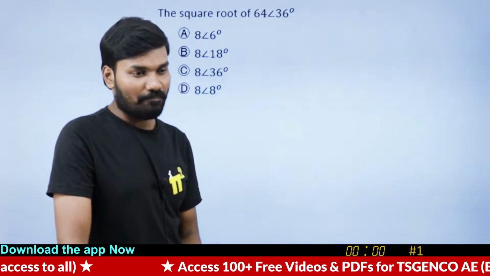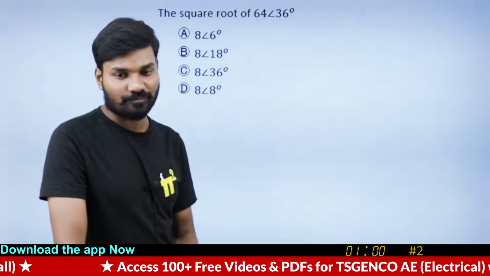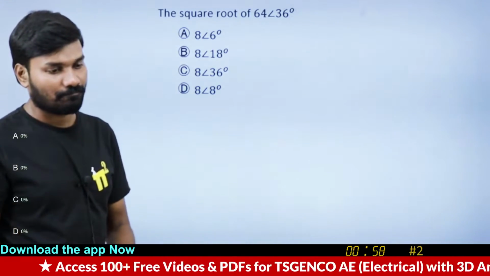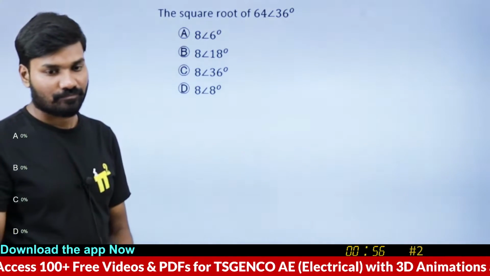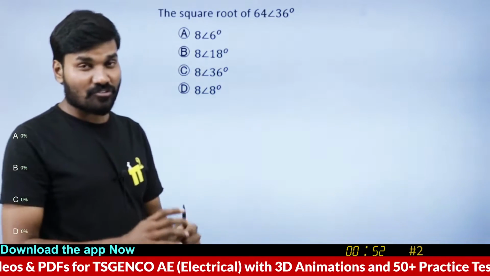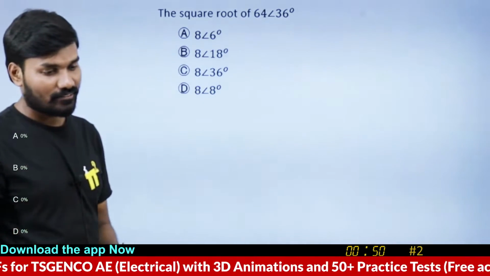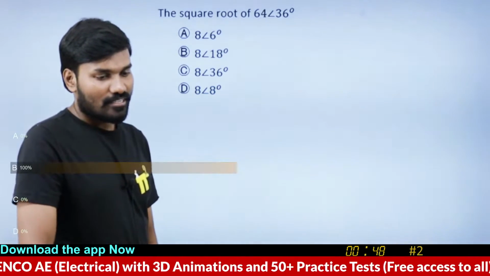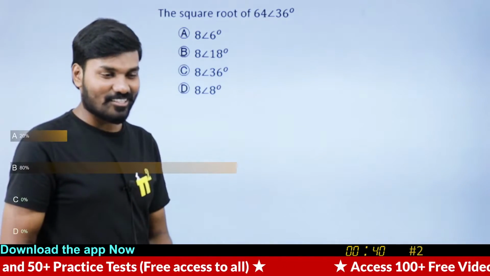Okay, it's on the screen now. Really good questions are there. Satish, I want you to register your option simply as B. Don't describe anything. Okay, it's good.